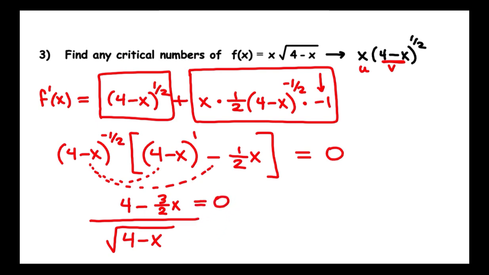All right, let's start up top. So that gives me 4 equals 3/2 x. All right, 3/2 x equals 4. Multiply by the reciprocal on both sides, which of course is 2/3.